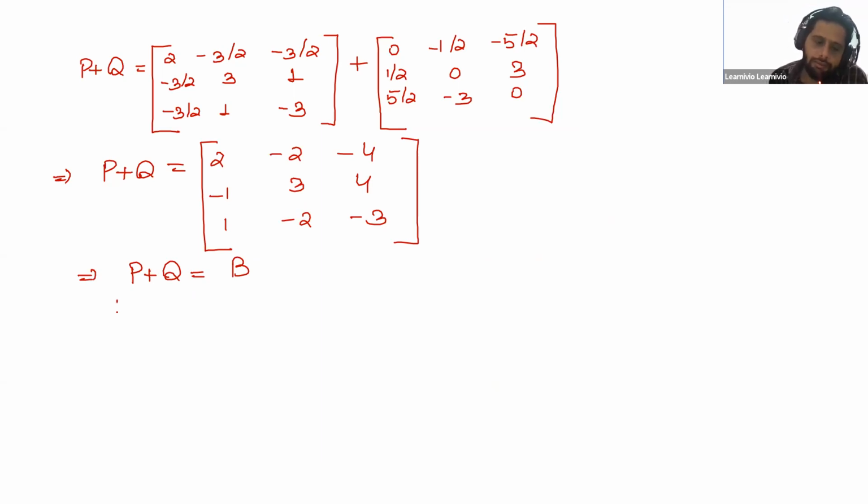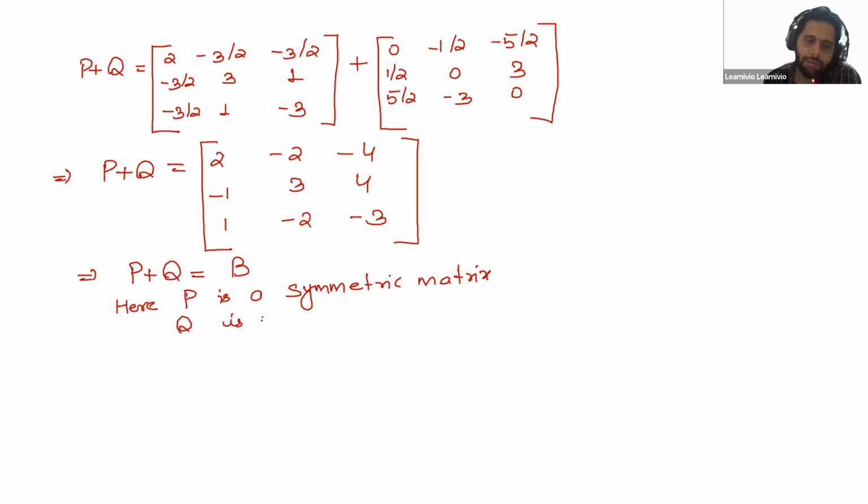So we can say here P is a symmetric matrix and Q is a skew symmetric matrix.